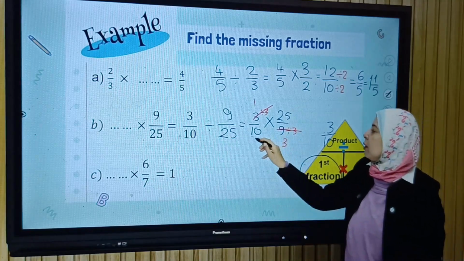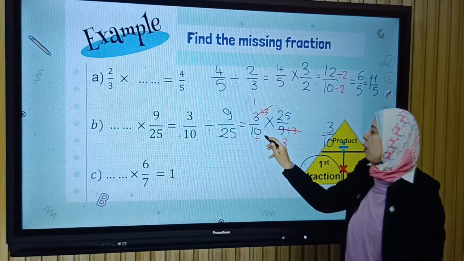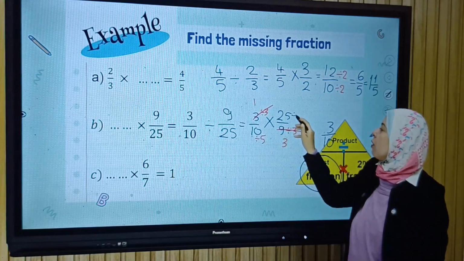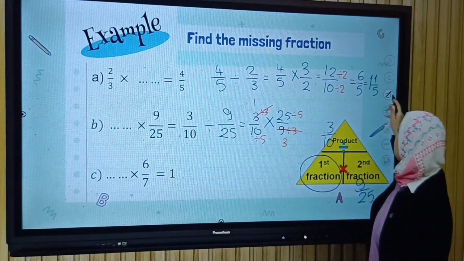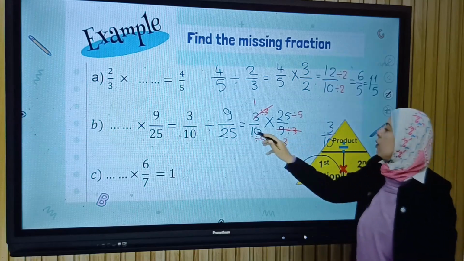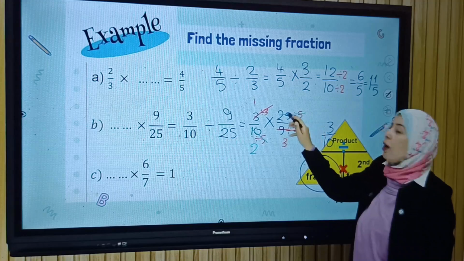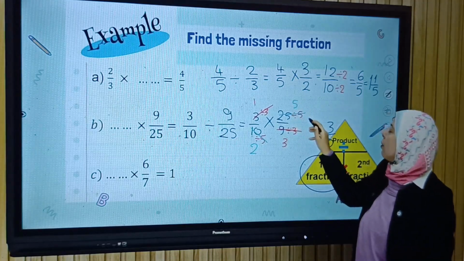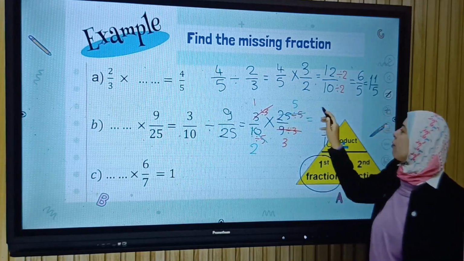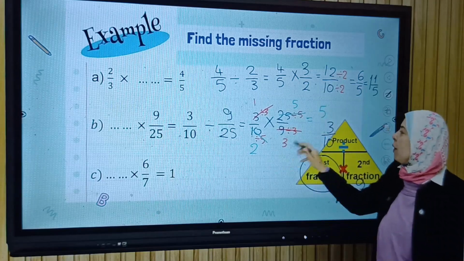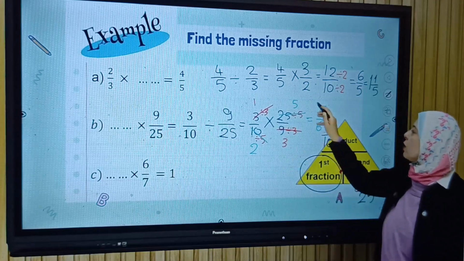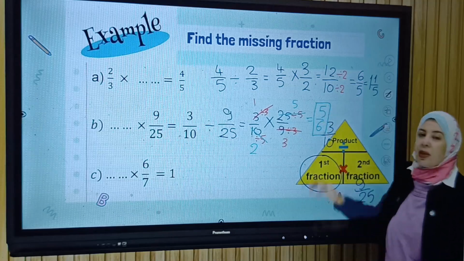Yes. 10 divided by 5 equals 2, while 25 divided by 5 equals 5. Now the numerator, 1 times 5 equals 5, and the denominator, 2 times 3 equals 6. So this is our answer, 5/6.